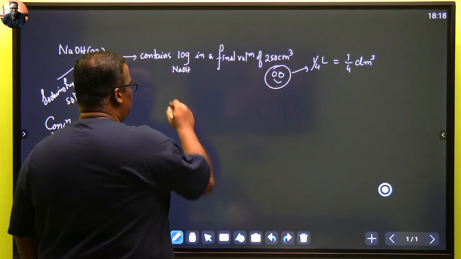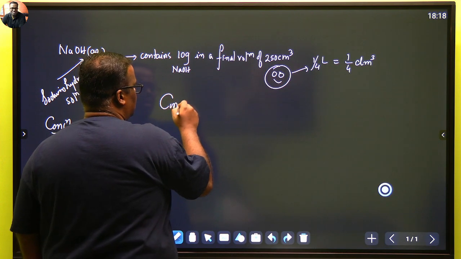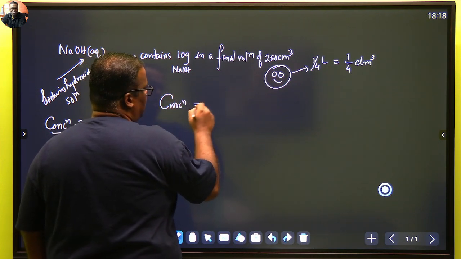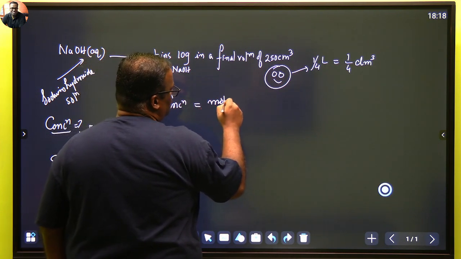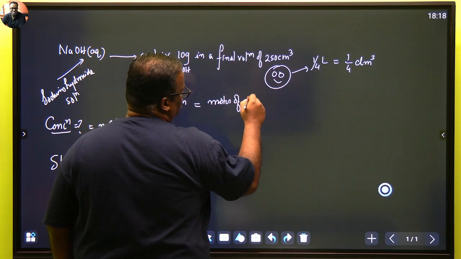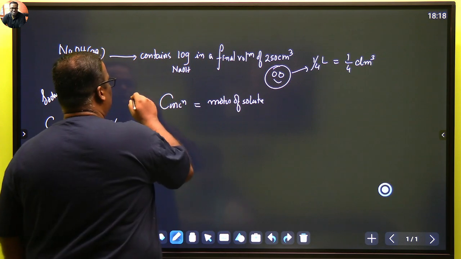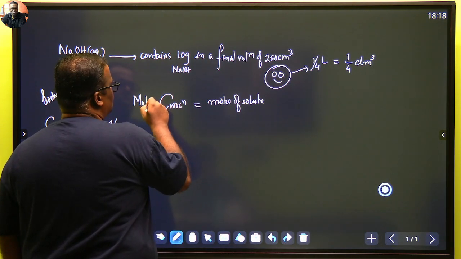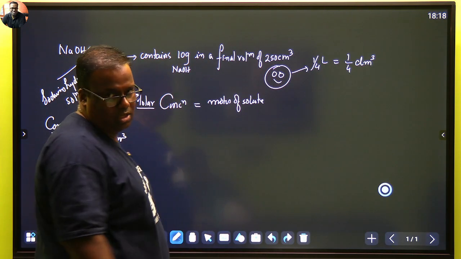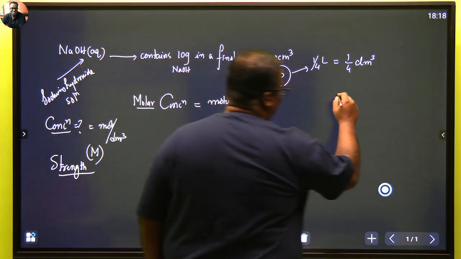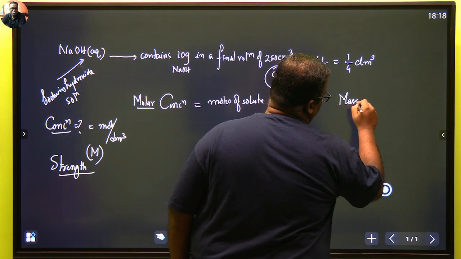So what do we need? We need concentration. Concentration is given as moles of solute. Okay, we'll calculate both. First, we are trying to calculate molar concentration. We'll go the tougher way. Calculating mass concentration will be very easy. Let me write mass concentration first.